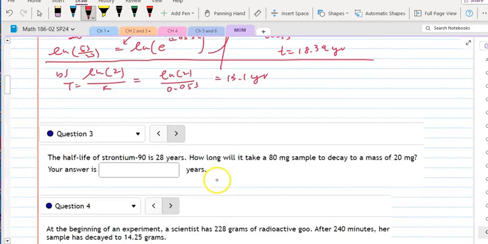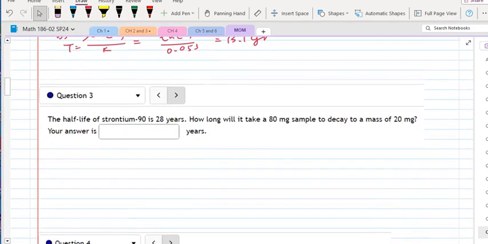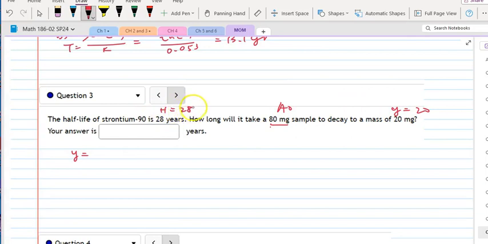The half-life of strontium is 28 years. How long would it take 80 milligrams to decay to a mass of 20 milligrams? We can write the exponential function: in the beginning this is A0, and y final equals 20, and the half-life is equal to 28.